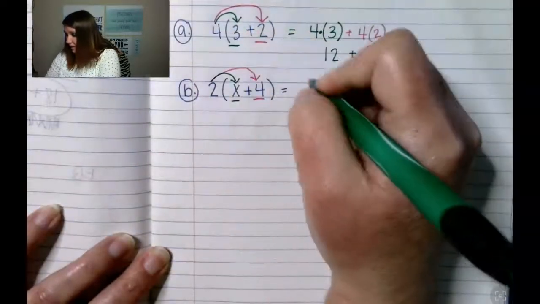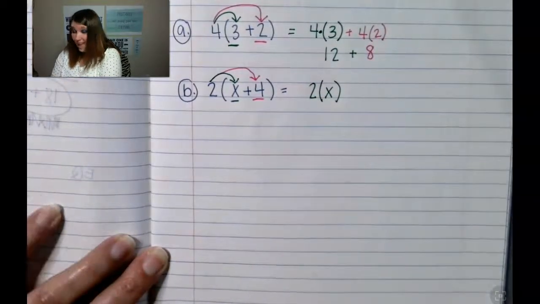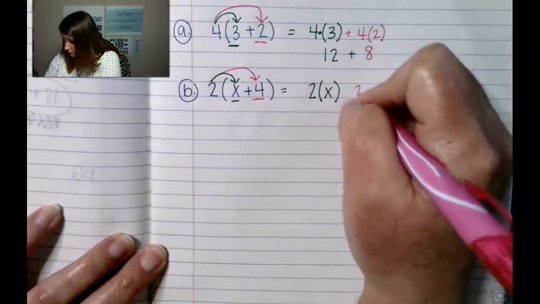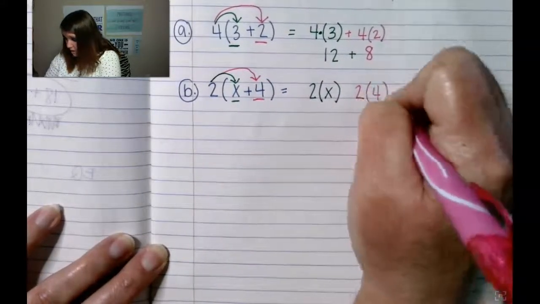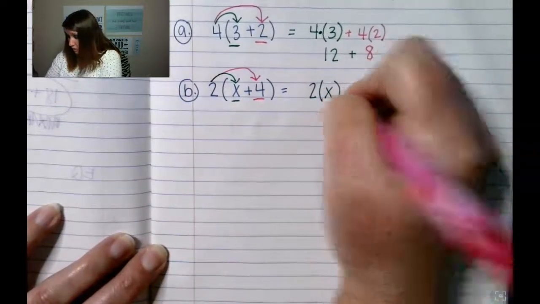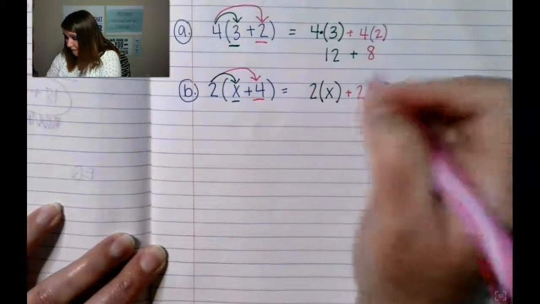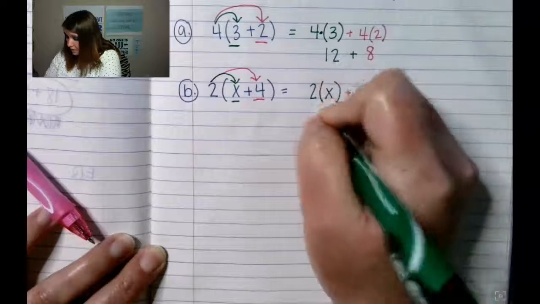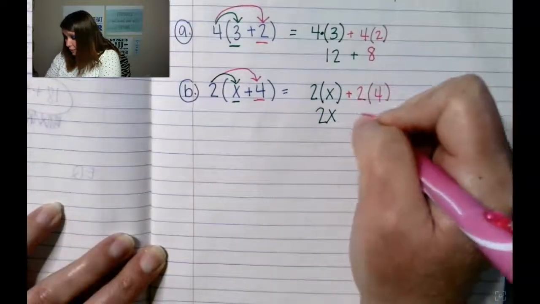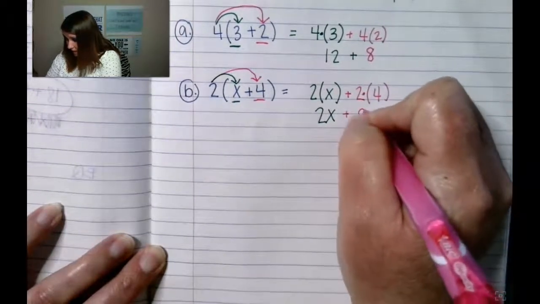Okay, so hippity is 2 times x, and can't forget the hoppity: 2 times 4. And I have a plus sign in the middle, so I'm going to add. I know that 2 groups of x is the same as 2x, because I'm simplifying. And I know that 2 groups of 4 is 2 times 4, or 8.